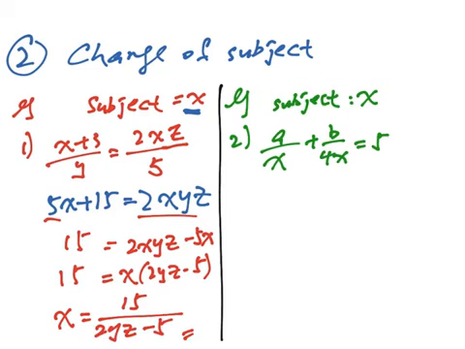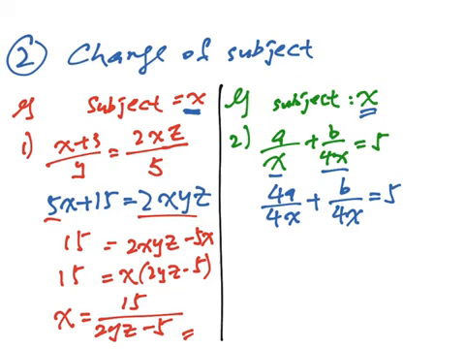Let's see the next example. Same, the target is x. There are two x terms, one is x, one is 4x. They are both at the denominator. Because they have different denominators, we make them the same. So the left term will times 4 for numerator and denominator. Now both terms have the same denominator, so we can add the numerators.